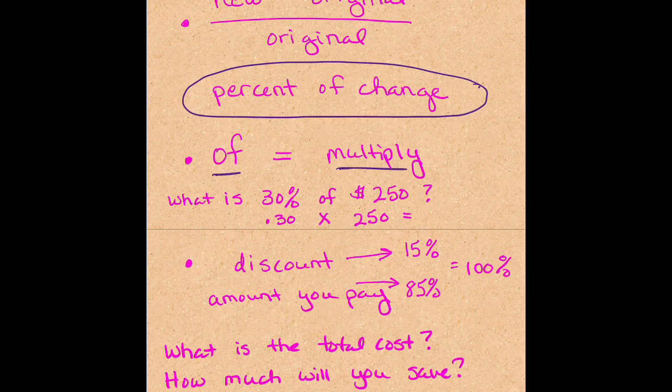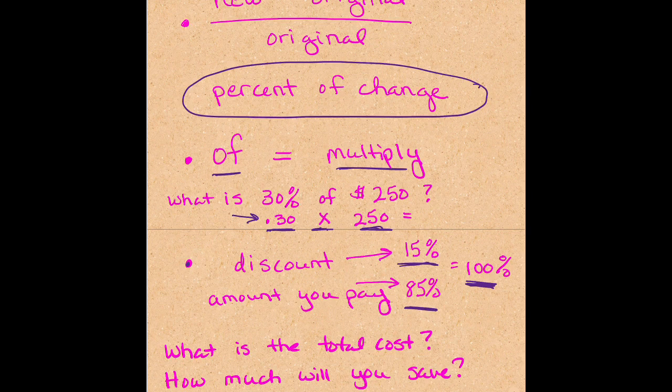For example, what is 30% of 250 can be translated into 0.30 times 250 equals. And we learned that discounts and the amount you pay add up to be 100%. For example, if the discount is 15%, you're actually going to pay 85%. Those two amounts will equal 100%.